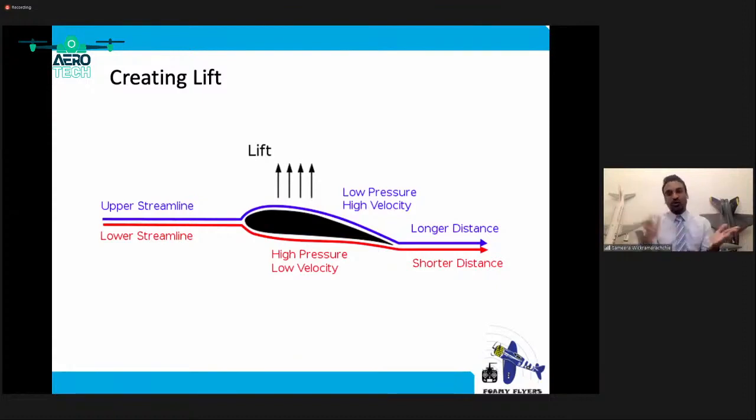And you all know that air goes from high pressure to low pressure areas, right? That is how the wind happens and things like that. So when the lower part of the wing has a high pressure area and the upper part has a low pressure area, you have particles trying to move upwards where the low pressure area is. In turn, you have a force acting on the wing itself, creating lift.